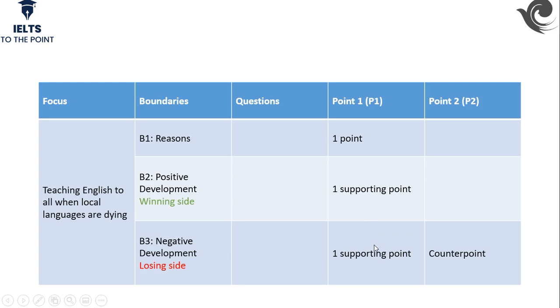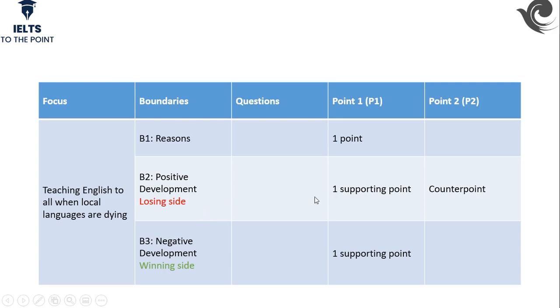Now before moving to the structure, it could also happen that you get a counterpoint for this particular point. You try to cancel the effect of this particular supporting point which supports why it is a positive development. So if you have a counterpoint for this supporting point, this becomes your losing side and this becomes your winning side.